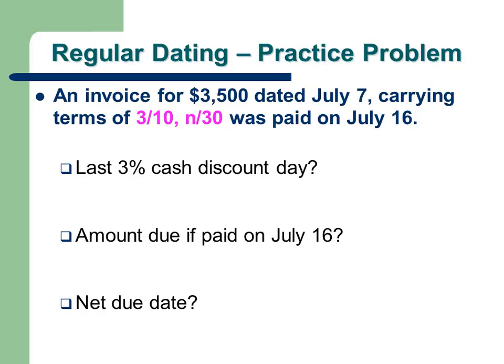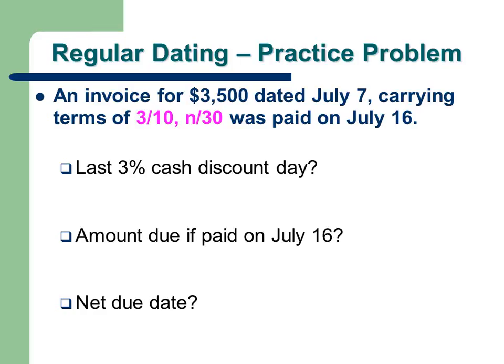For us to answer this question, we first need to figure out when the last cash discount day is, when the cash discount expires, to see if we can still get a cash discount if you pay on July 16th. Depending on that determination, you have to decide how much to pay. If the cash discount has not expired, then you apply the cash discount.